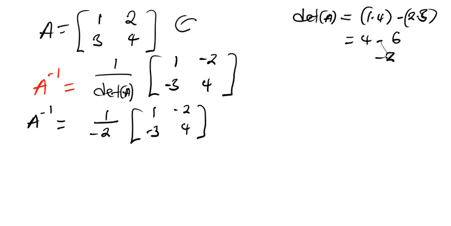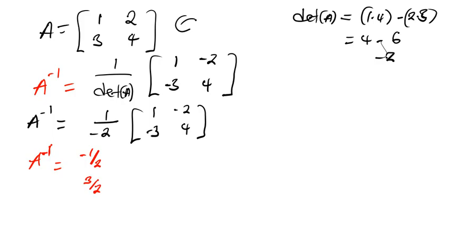Now we just need to multiply 1 over negative 2 by everything inside there. So A to the power negative 1 is equal to... this is negative half. Negative half times 4 gives me negative 2, then negative and negative cancel, negative half times negative 3 gives me 3 over 2.